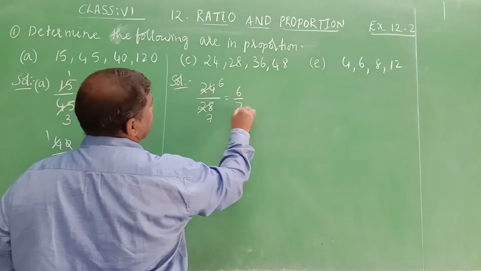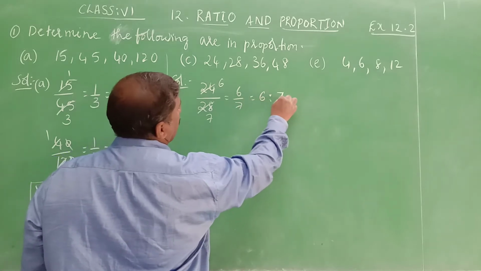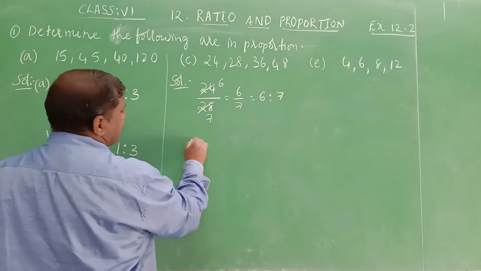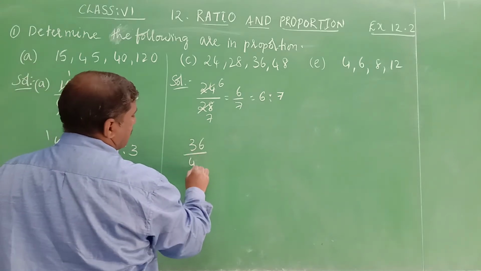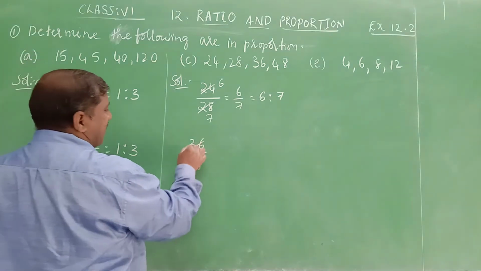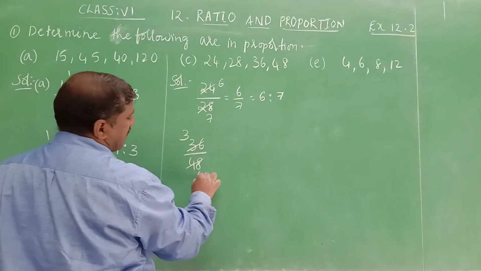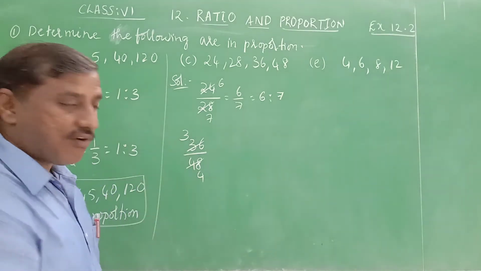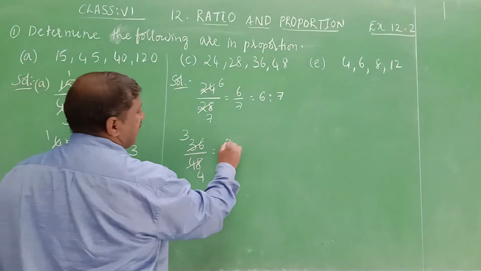That is 6 by 7, which is 6 is to 7 is the ratio. Next, 36 by 48. 12 threes are 36, 12 fours are 48. That is 3 by 4.